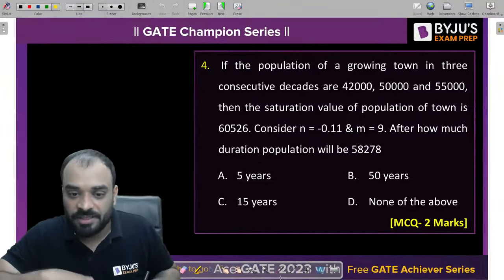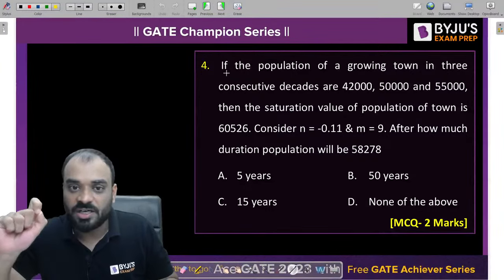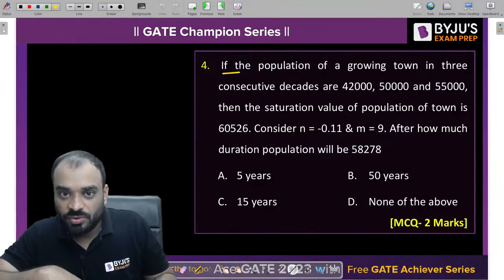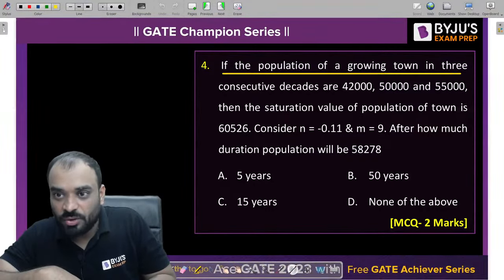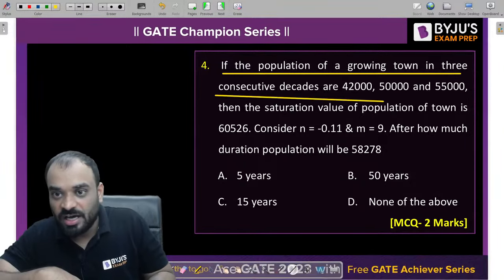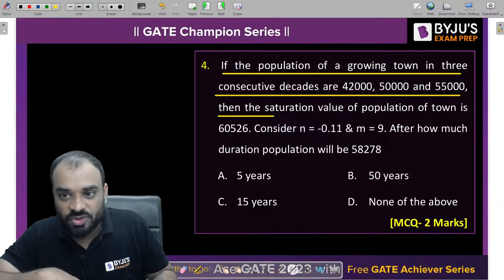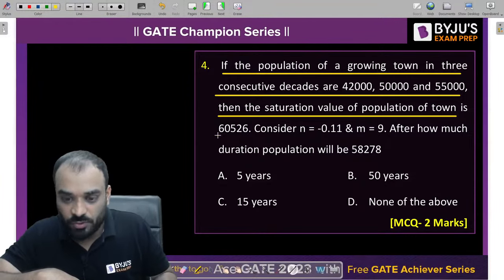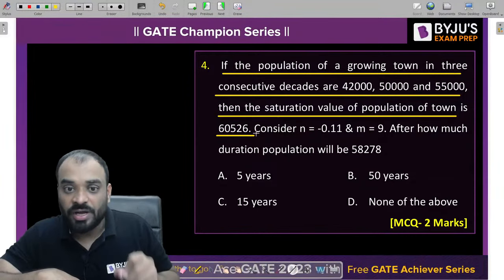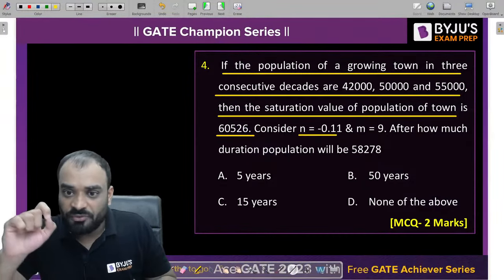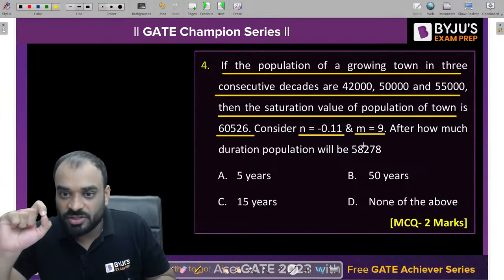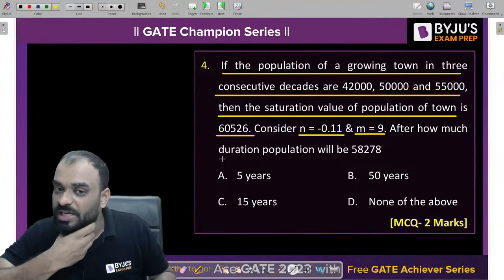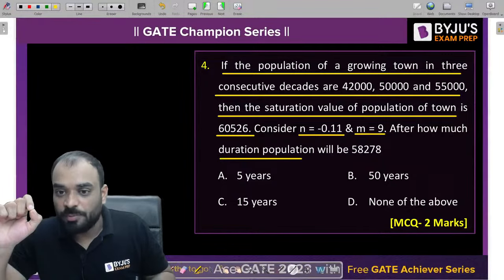So guys, in this particular case, we need to use the logistic curve method equation. If the population of a growing town in 3 consecutive decades is given, then the saturation population of the town is equal to 60526. The value of n is already mentioned, m is already mentioned. Now the question is, after how many years will the population be this?